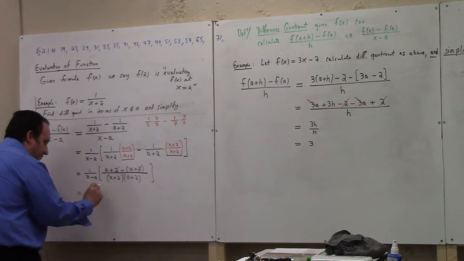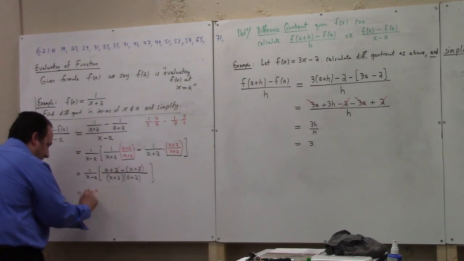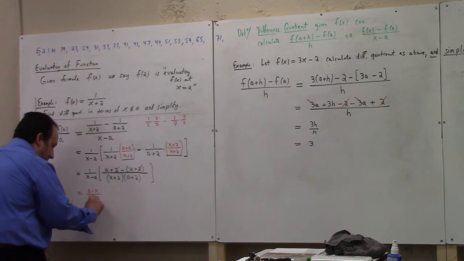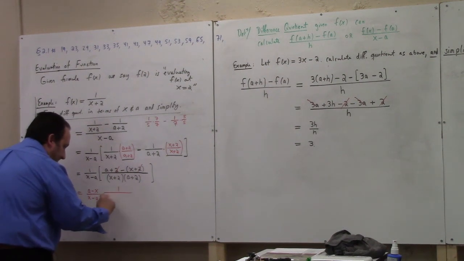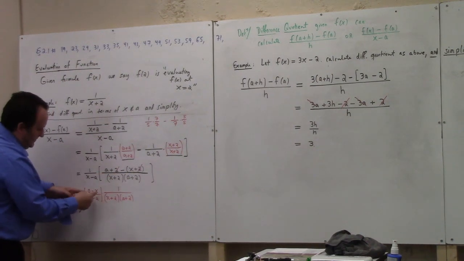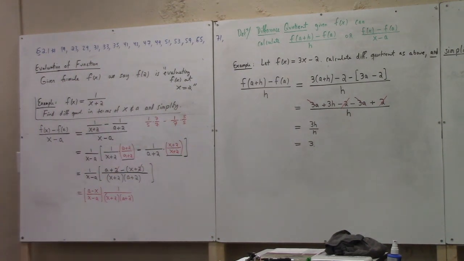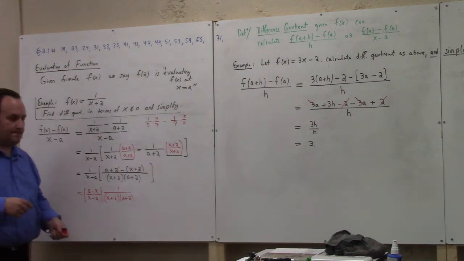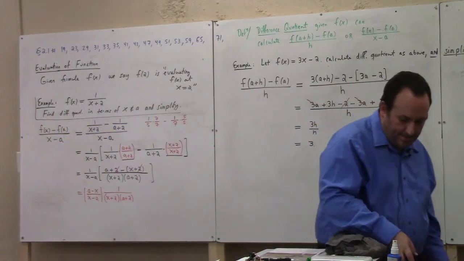And I'm going to write out another step. You might already see it, but this is a minus x, right, over x minus a times 1 over x plus 2 times a plus 2. So you got a minus x, right? What is a minus x over x minus a equal to? How does that simplify?